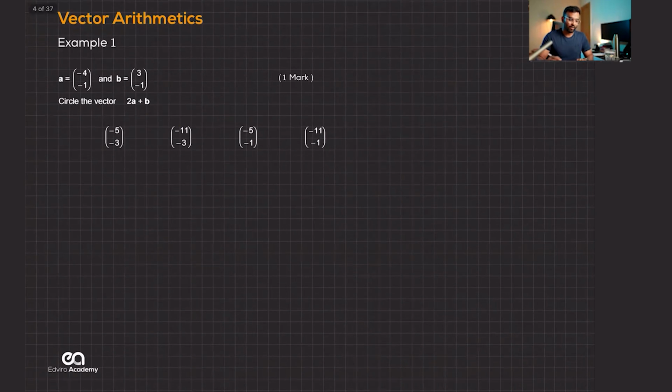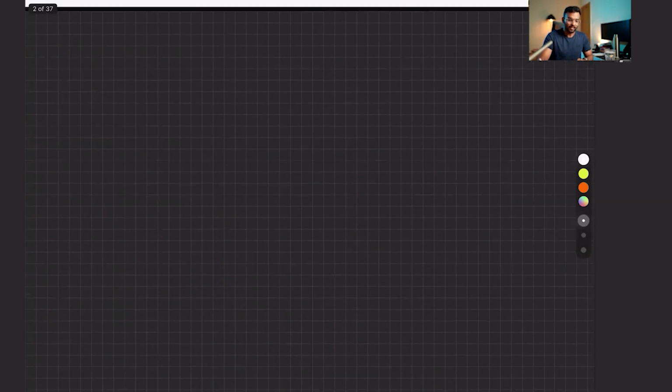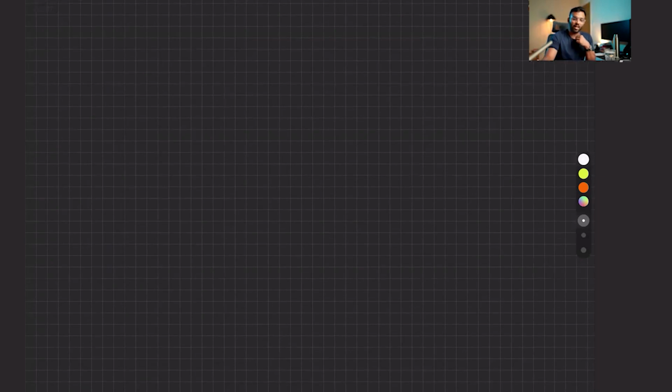So, vector arithmetic. Before I teach you guys about vectors, vector is super simple. I'm going to go through some simple questions here. Let's say this is the city of London, and somewhere over there we have a city called Chelmsford in Essex, and right there is Cambridge.